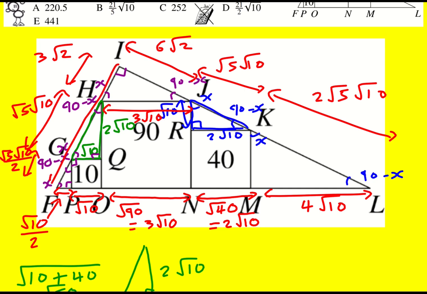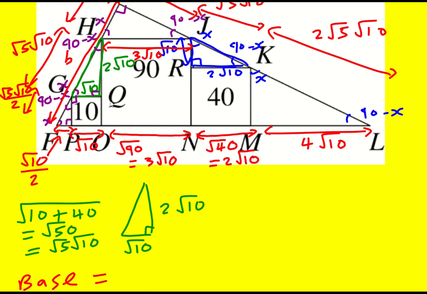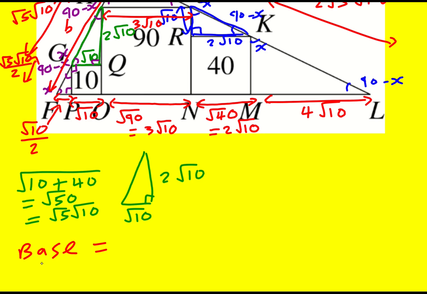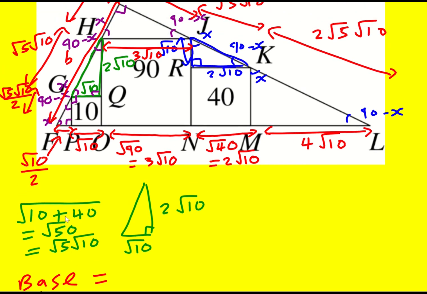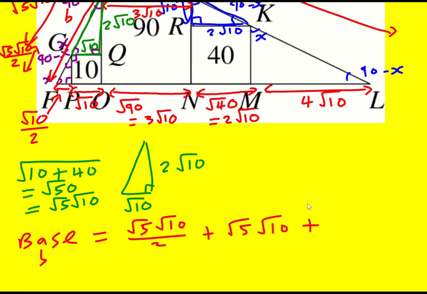Let me call it, right, this one is the base, B. And it's going to be root 5 root 10 over 2 plus root 5 root 10 plus 3 root 2.